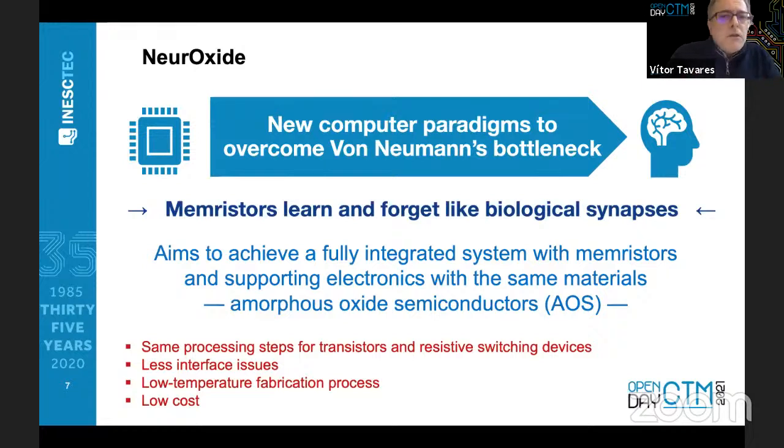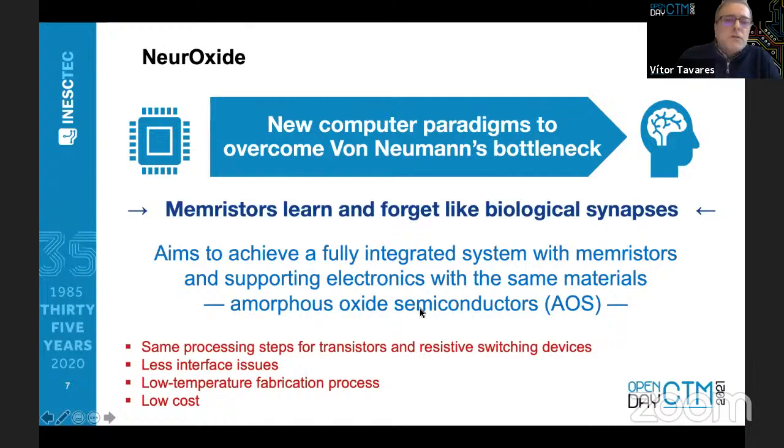Okay, reaching the NeuroOxide project, the main aim of this project is to perform full integration of systems using memory resistors and supporting electronics with the same materials, so that we can use the same processing steps for the electronics and the memory resistors themselves. Actually, they will be fabricated at the very same time, layer by layer, okay, similar to what we do with CMOS fabrication.